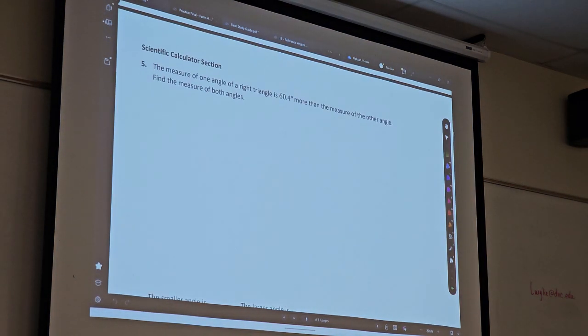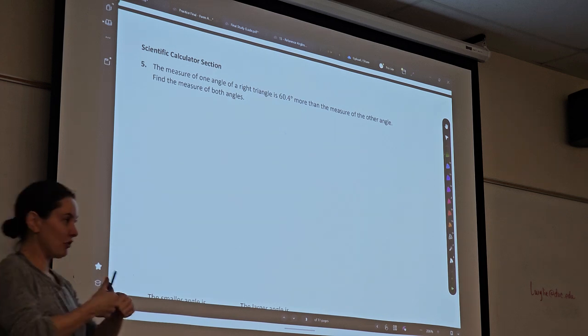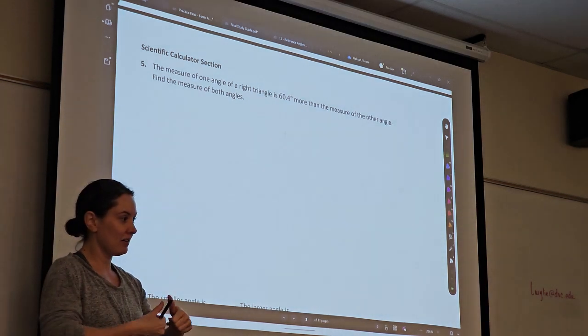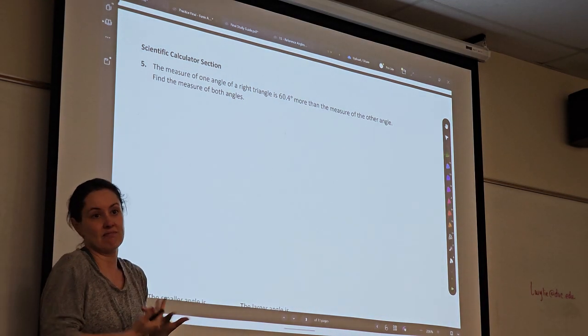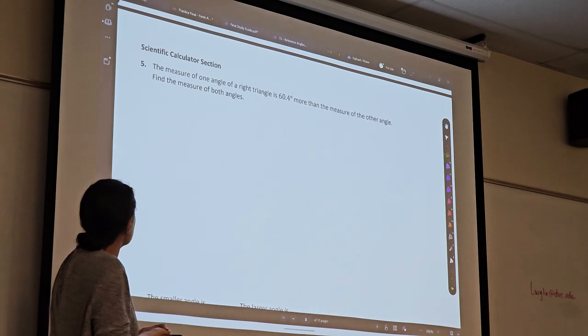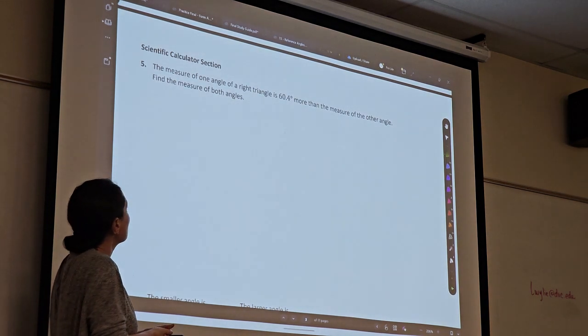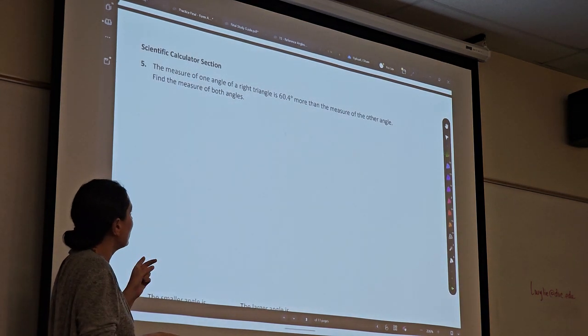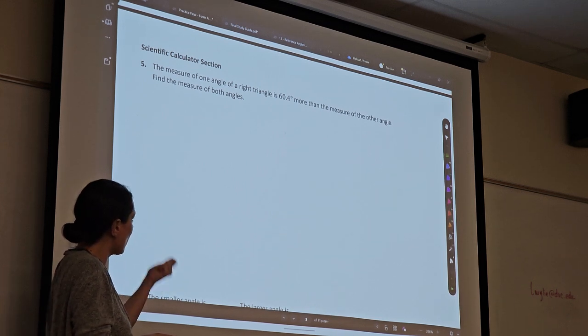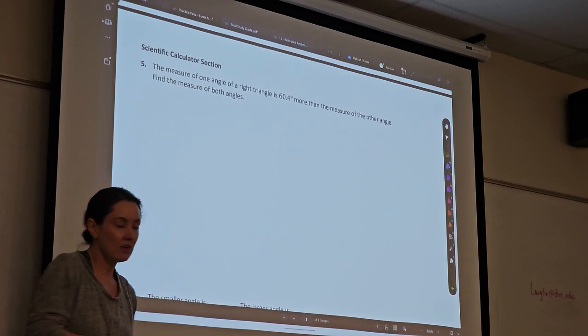So these little word problems, they give you 2 relationships and 2 things to find. Okay? The measure of one angle of a right triangle is 60.4 more than the measure of the other angle.